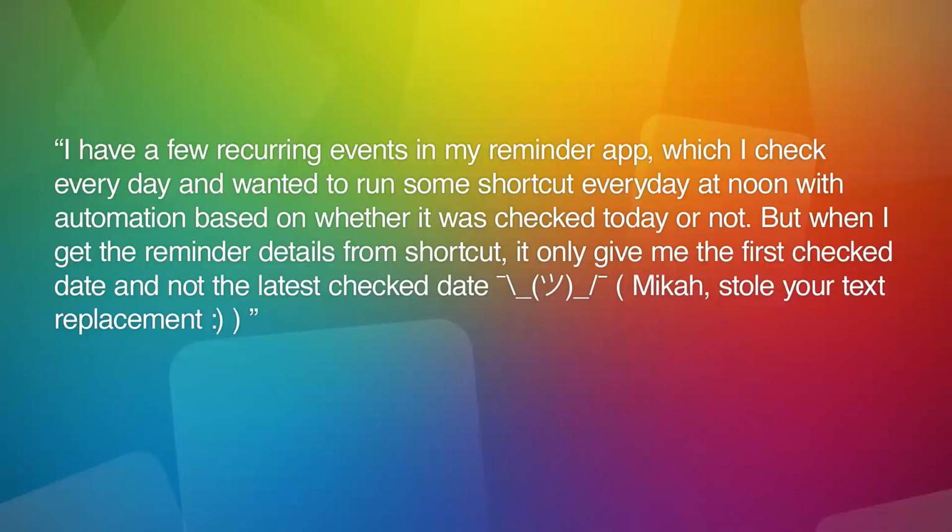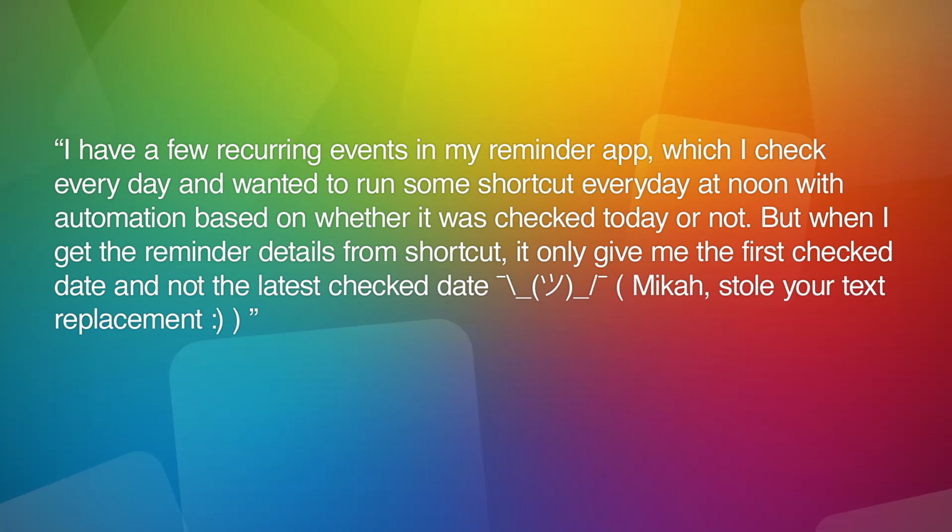"I have a few recurring events in my reminder app, which I check every day, and wanted to run some shortcut every day at noon with automation based on whether it was checked today or not. But when I get the reminder details from shortcuts, it only gives me the first checked date and not the latest checked date."